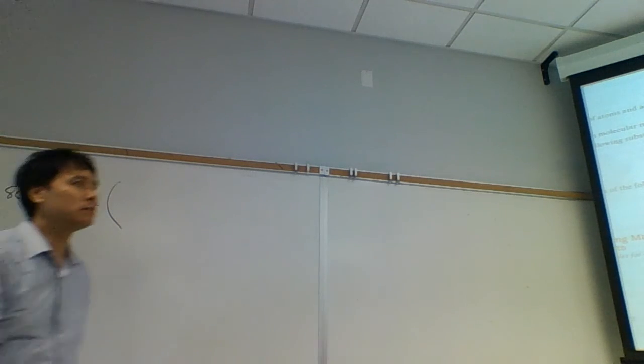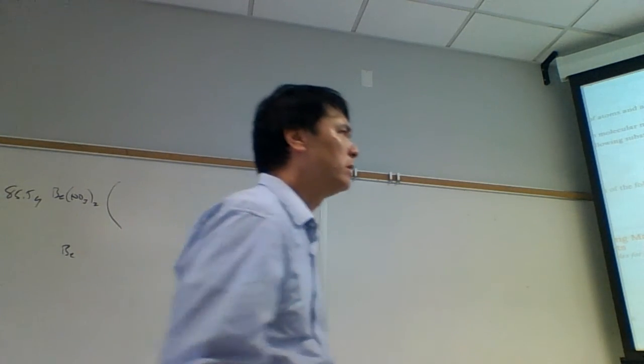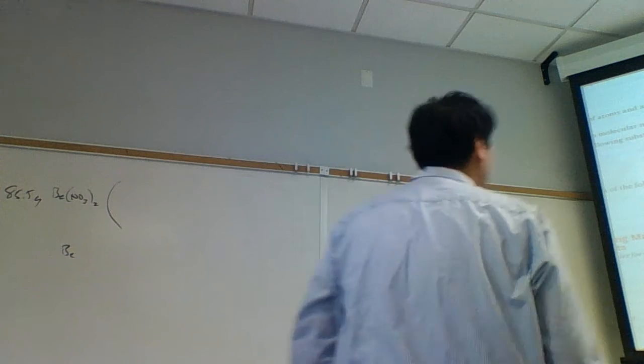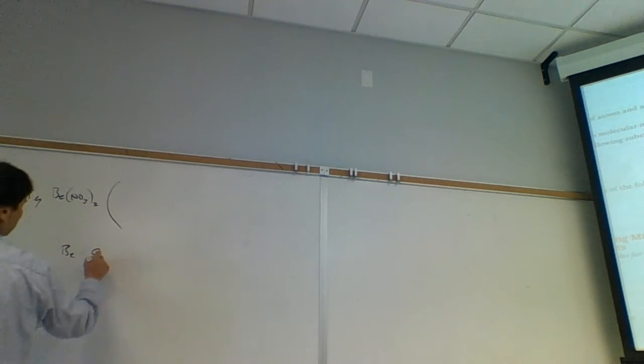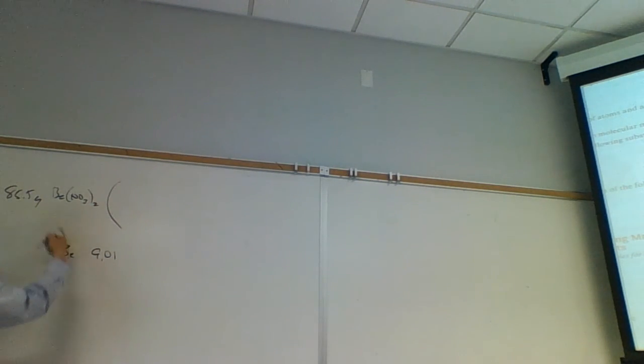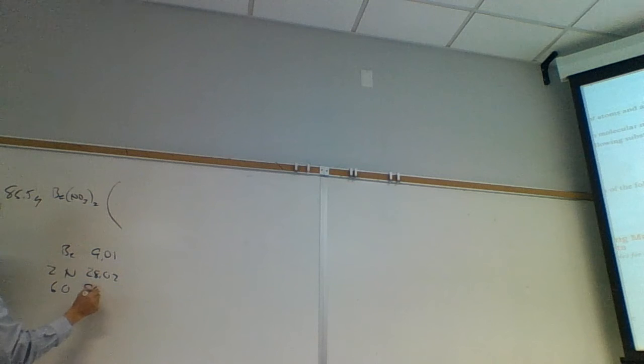On the test, it's nice to be able to do this. 9.01 for beryllium. Here I'm just going to go with 2 decimal places because I'm adding more to it. Then 2 nitrogens at 28.02, and 6 oxygens. 6 oxygens would be what? 48. Wait, 6 times 16... no, that's wrong. 96, right?